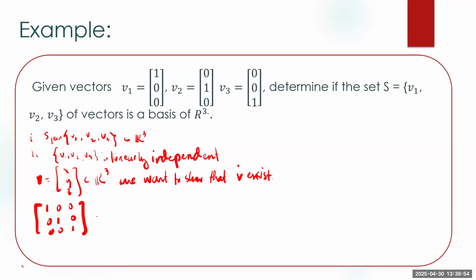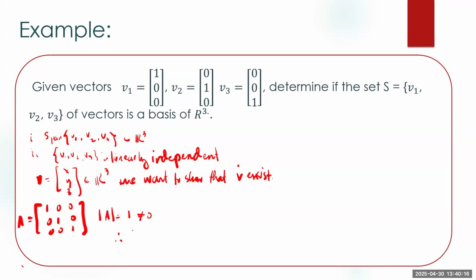To get the determinant of this, suppose we call this matrix A. So getting the determinant for our matrix A, since we have diagonal entries only, that would be 1 times 1 times 1. So this is equal to 1. You can see 1 is not equal to 0.